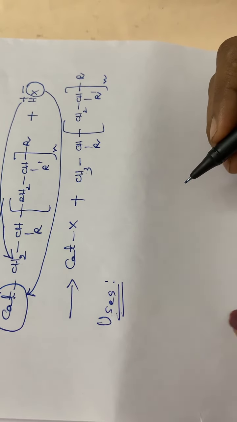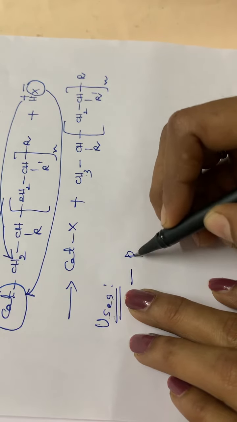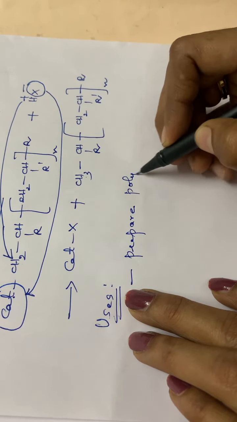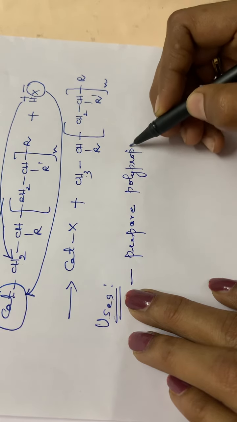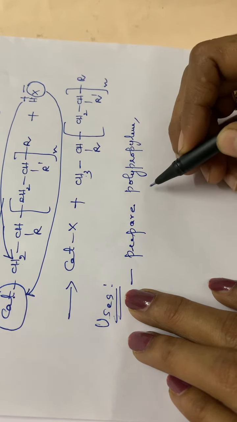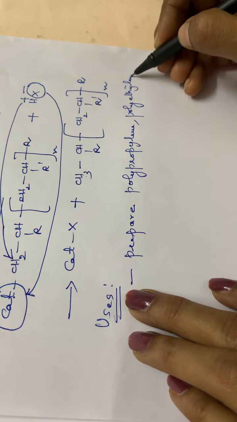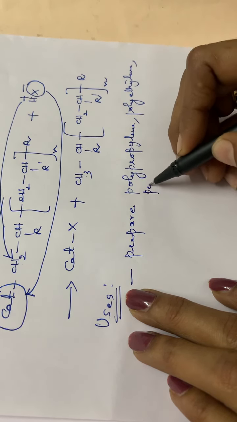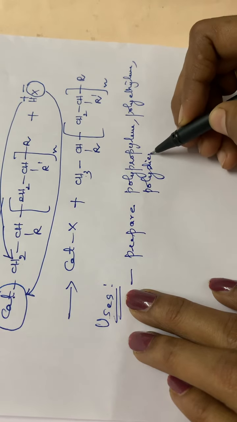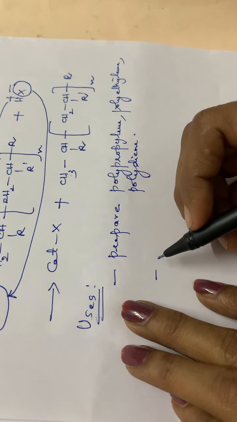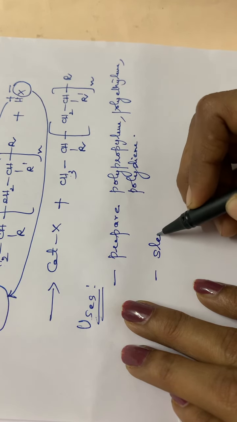The first use: it is used to prepare polypropylene, polyethylene, polydiene.